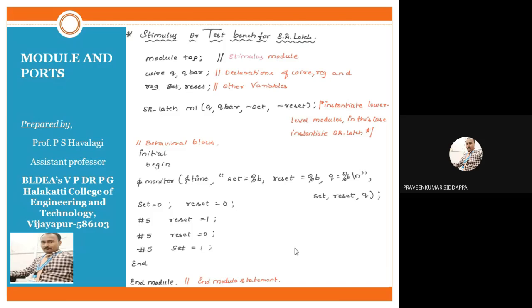I have used $monitor. For what purpose have we used that system task? If you want to monitor the inputs and outputs, then you should write it. If you don't want to monitor the inputs and outputs, you can leave it, no problem.